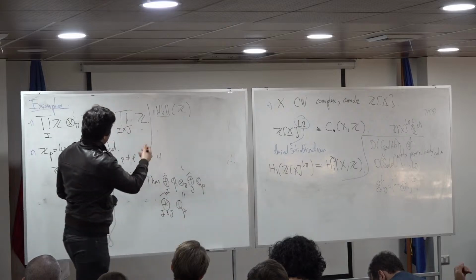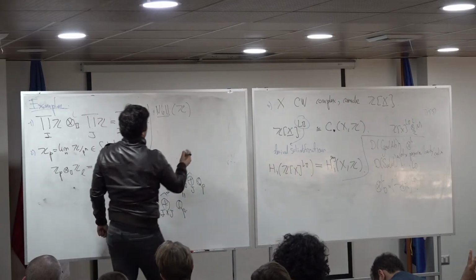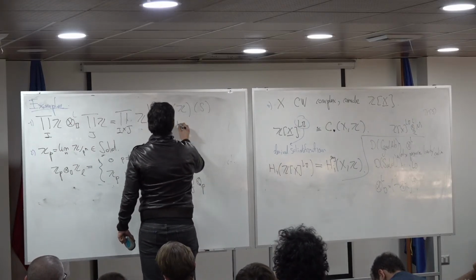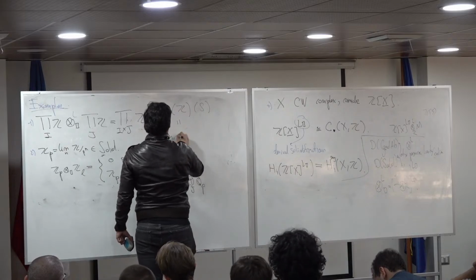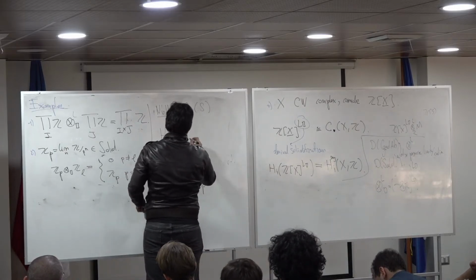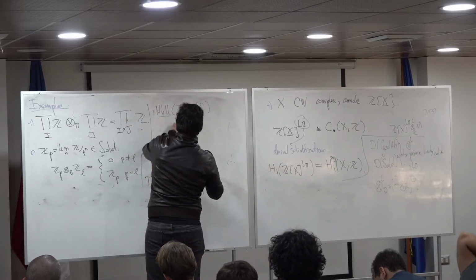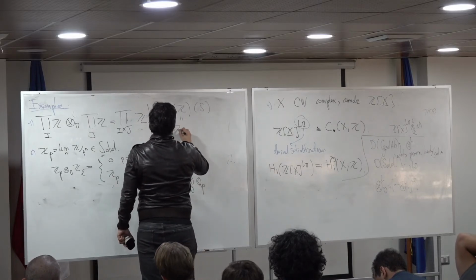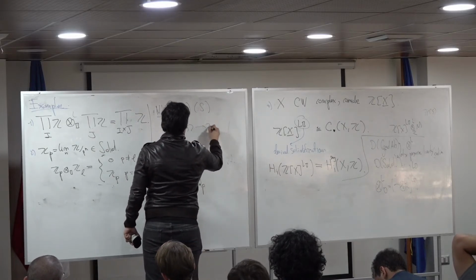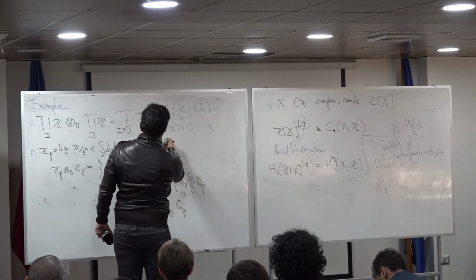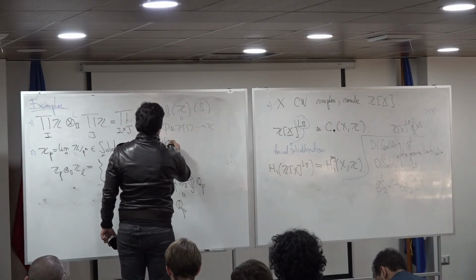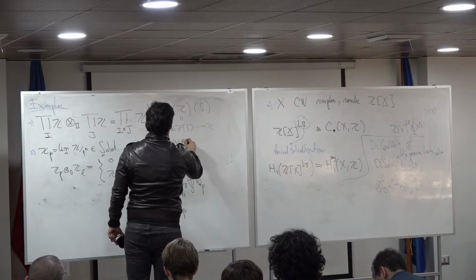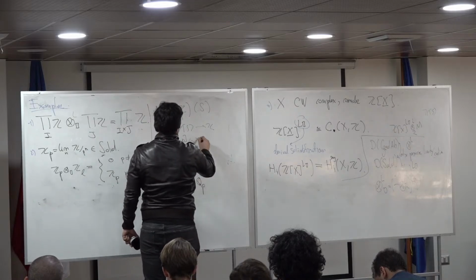A null sequence, at least when you evaluate at S, is the same as maps from P tensor Z[S] going to Z, where you can recall that this P is just N union infinity, minus N, minus infinity.